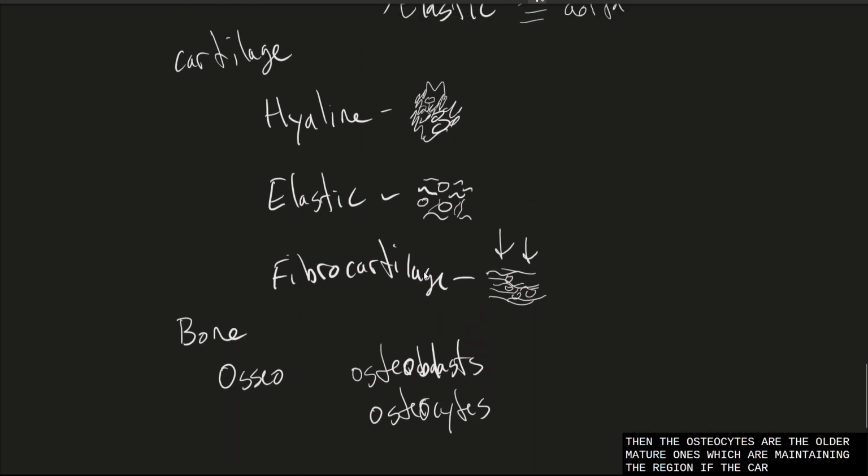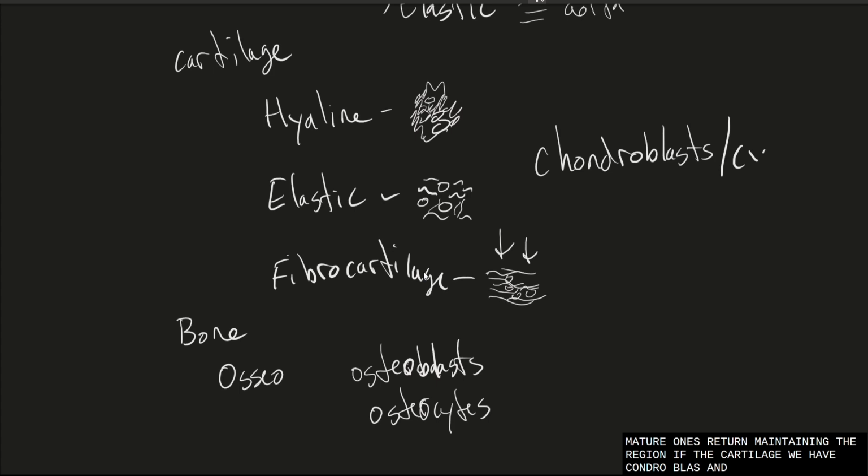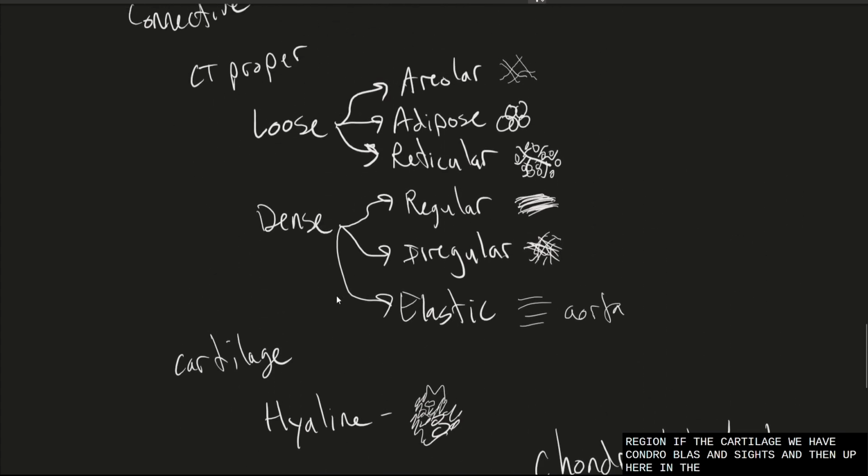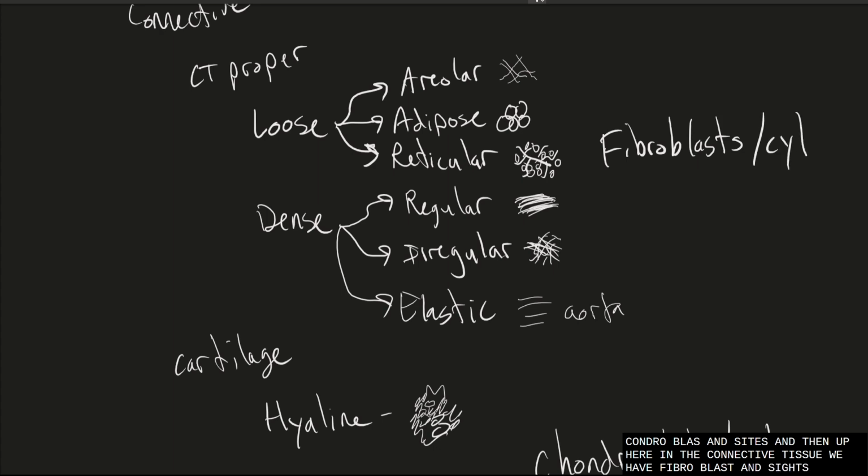In the cartilage, we have chondroblasts and chondrocytes. And then up here in the connective tissue, we have fibroblasts and fibrocytes for the most part.